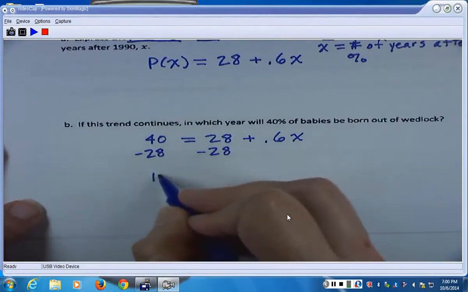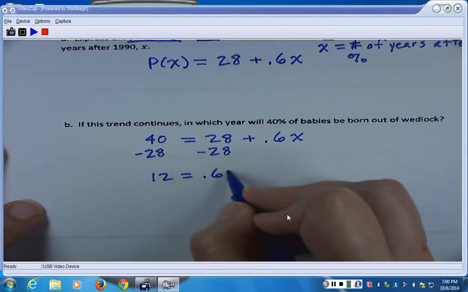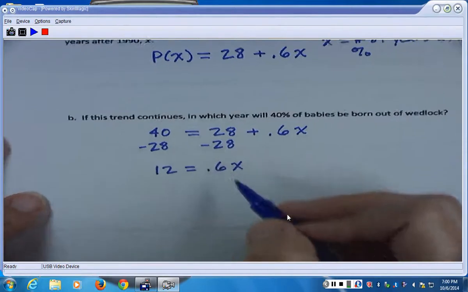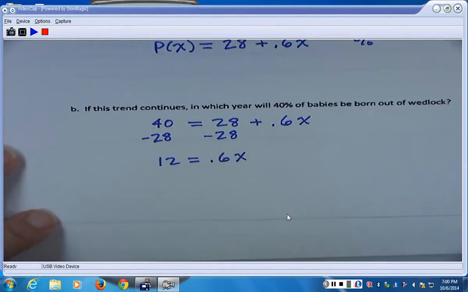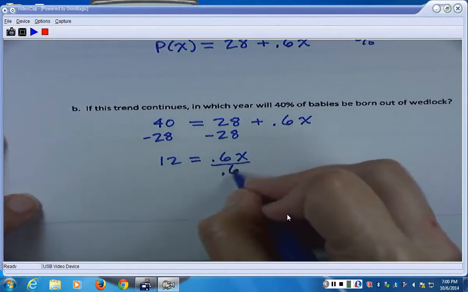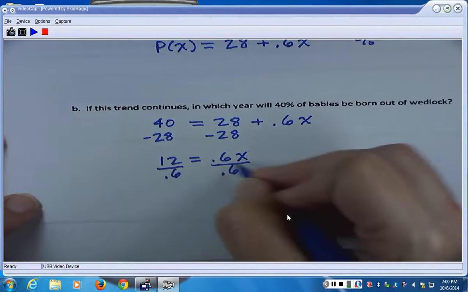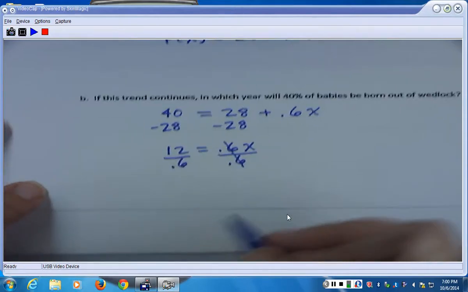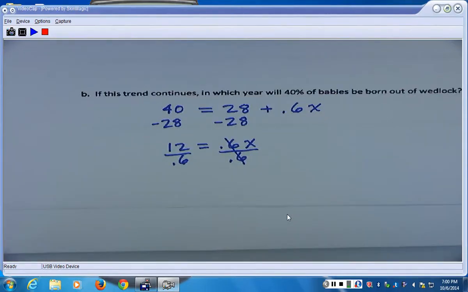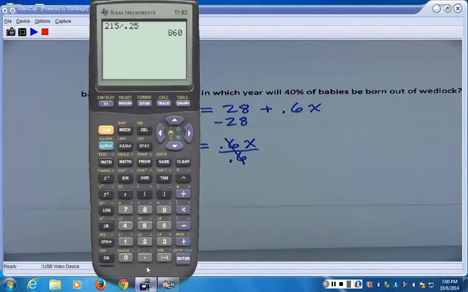You get 12 equals 0.6x. Then you divide by 0.6. Get x equals 12 divided by 0.6, which is 20.